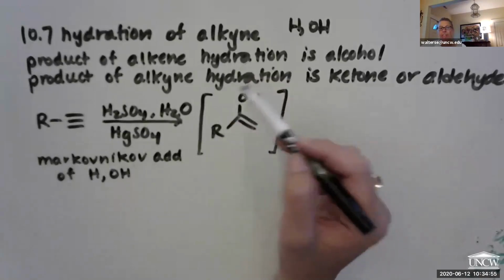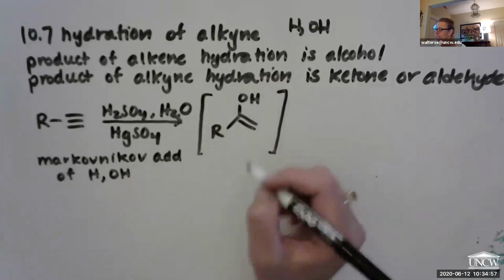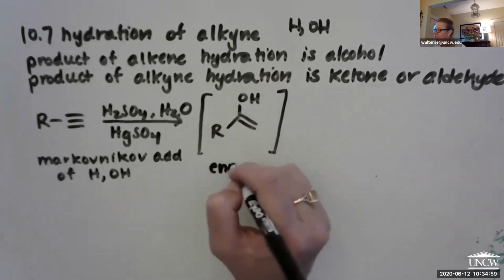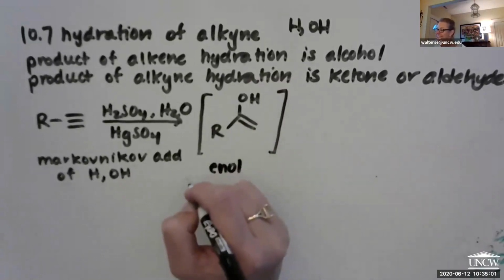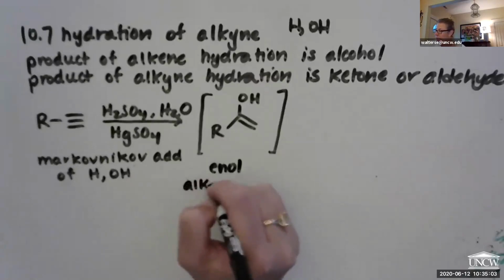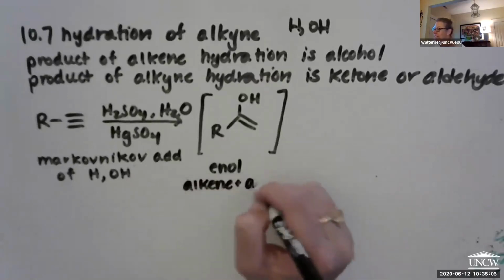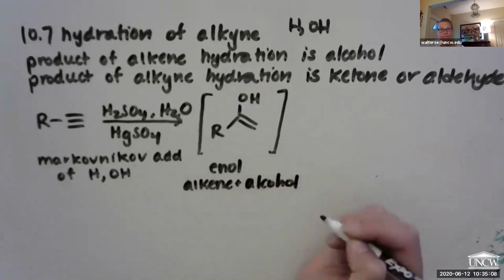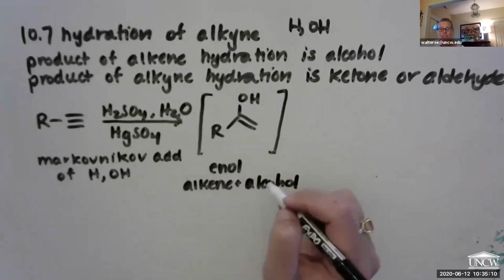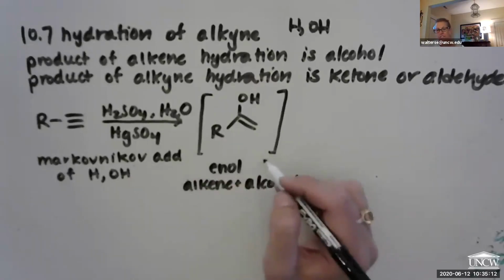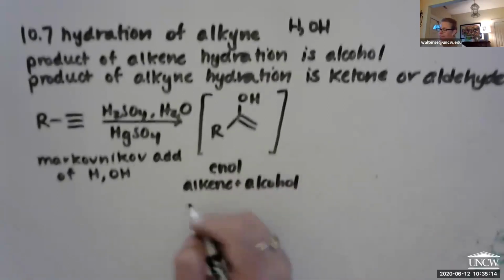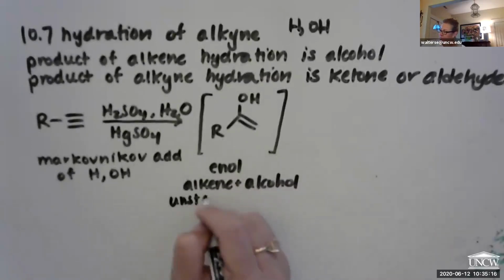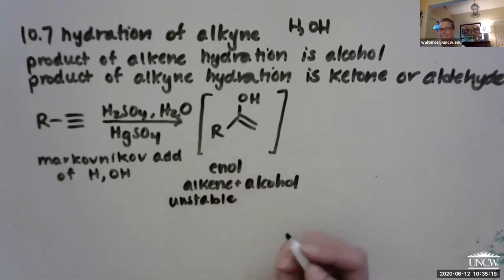Okay. This structure is called an enol. It's an alkene plus an alcohol. So it's an enol. But enols are not stable. It's very hard to isolate them.